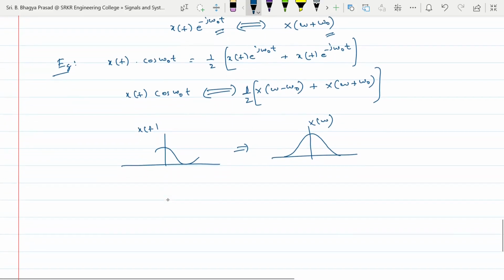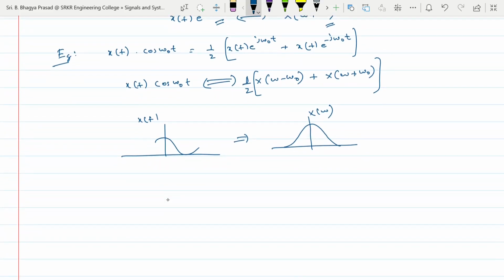If this x of t is multiplied with cos omega naught t, its Fourier transform, the spectrum, will be shifted to two positions, minus omega naught and plus omega naught. If this is a, this will be a by 2.